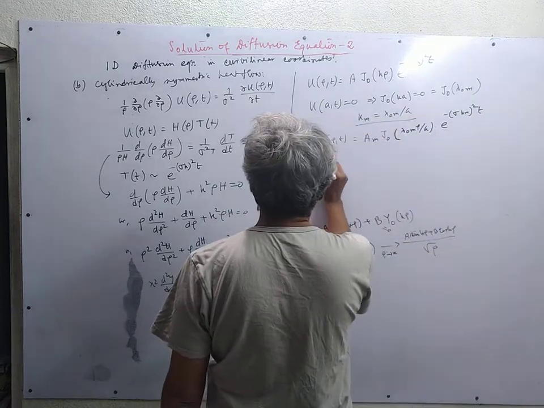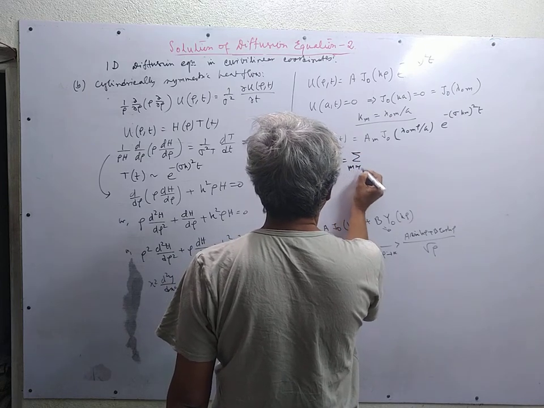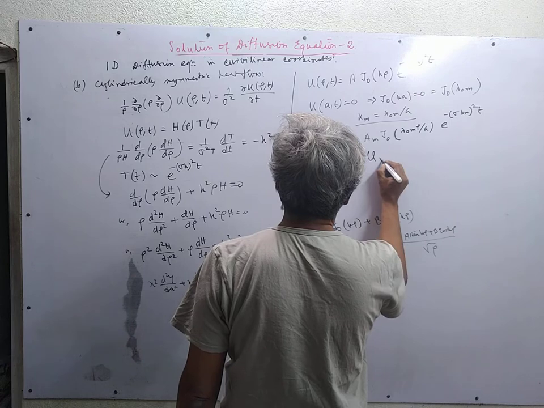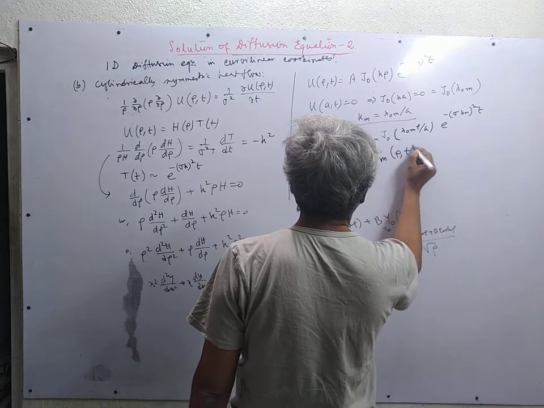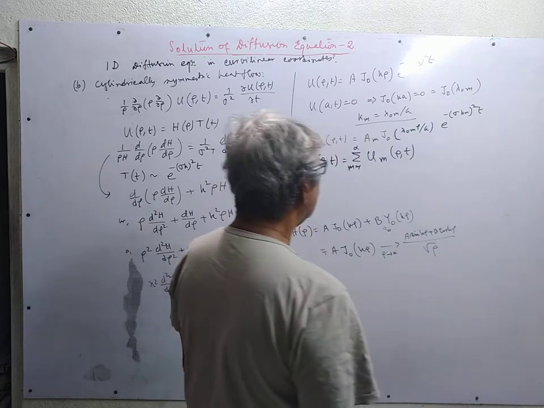And the most general solution is u of rho, t is the summation over m equal to 1 to infinity of um of rho, t. And on substituting this value we get the general solution.